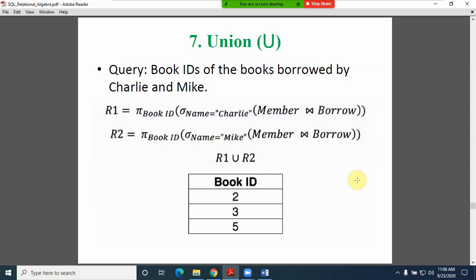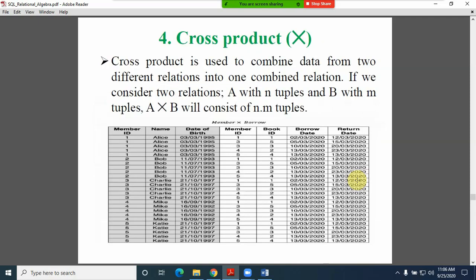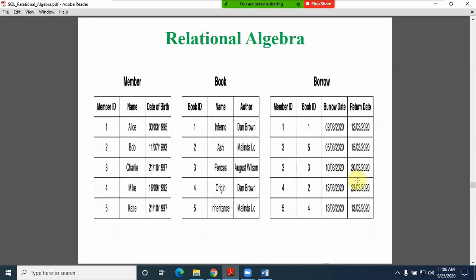You can observe which are all the books borrowed by Charlie and Mike. First we need to identify the member id of Charlie and then Mike, and only then are we going to get the book id. Now if you go and verify manually, Charlie borrowed a book 3, and similarly Charlie borrowed book 5 also.